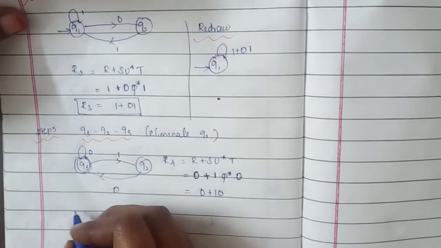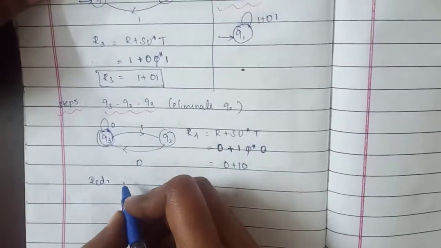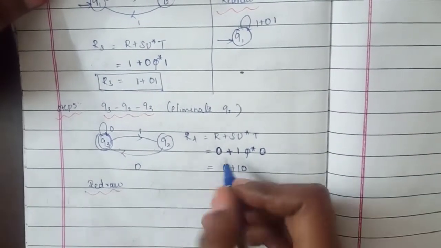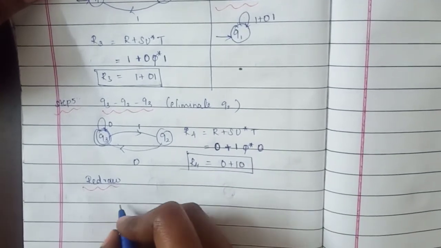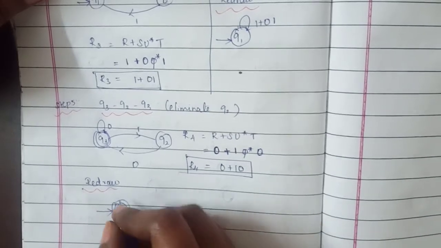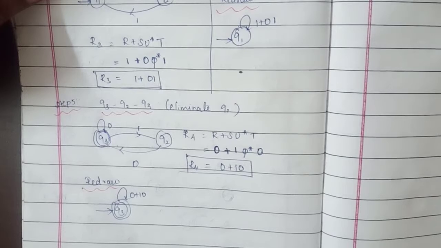So after this we have to redraw this diagram. So after this one we have to redraw it. So this is R4. So Q3. So this one is 0 plus 1 0, right?